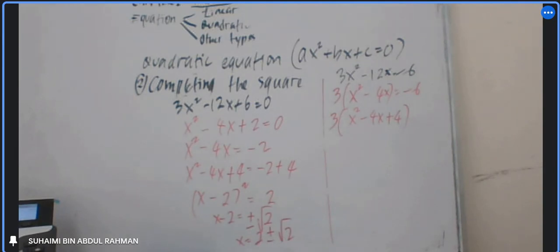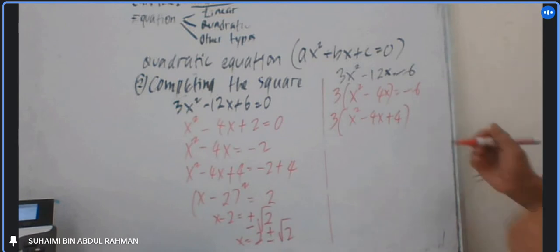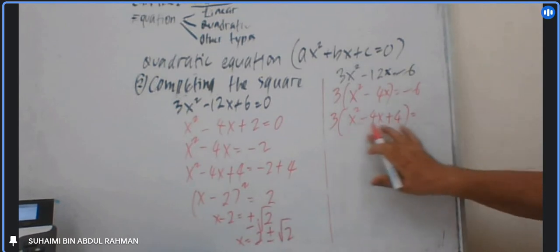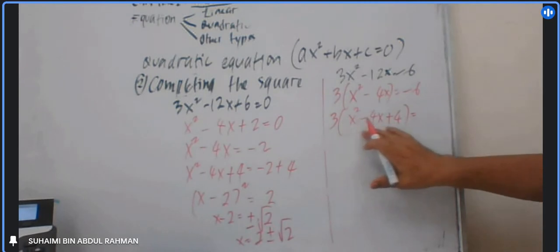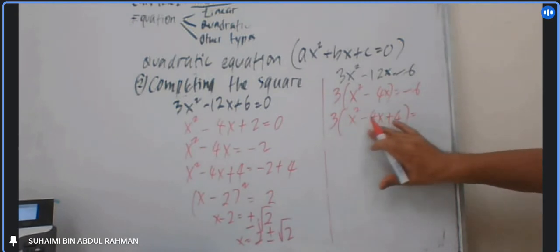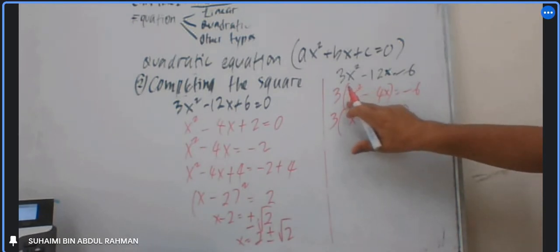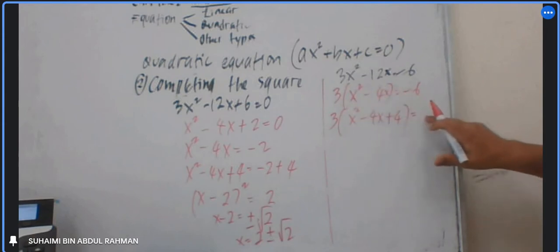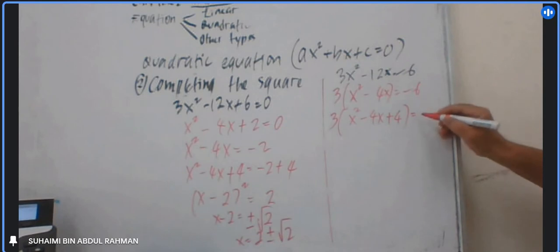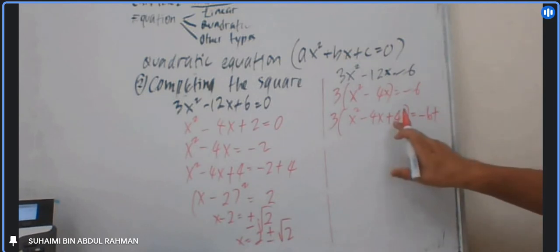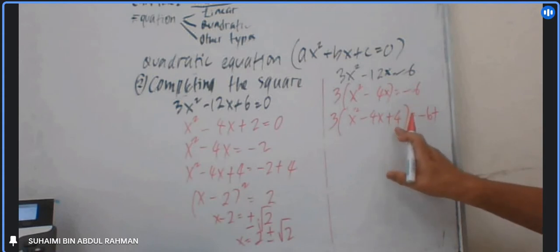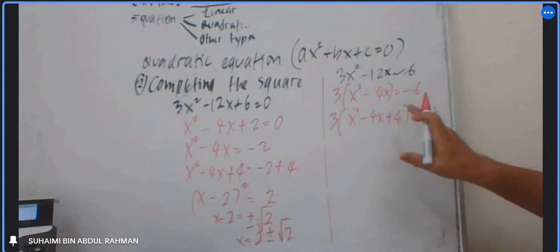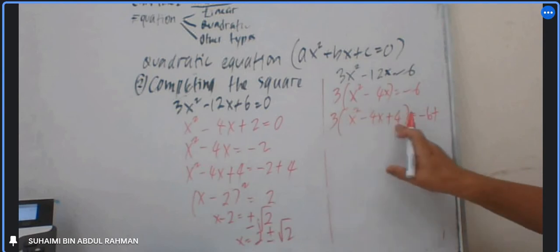Right. Now, equal to. This is the left-hand side, the process of completing the square for whatever is inside the bracket. Left-hand side, we have; right-hand side, we have minus 6. No, plus 4 on the left, we plus 4 multiplied by 3, which is 12.